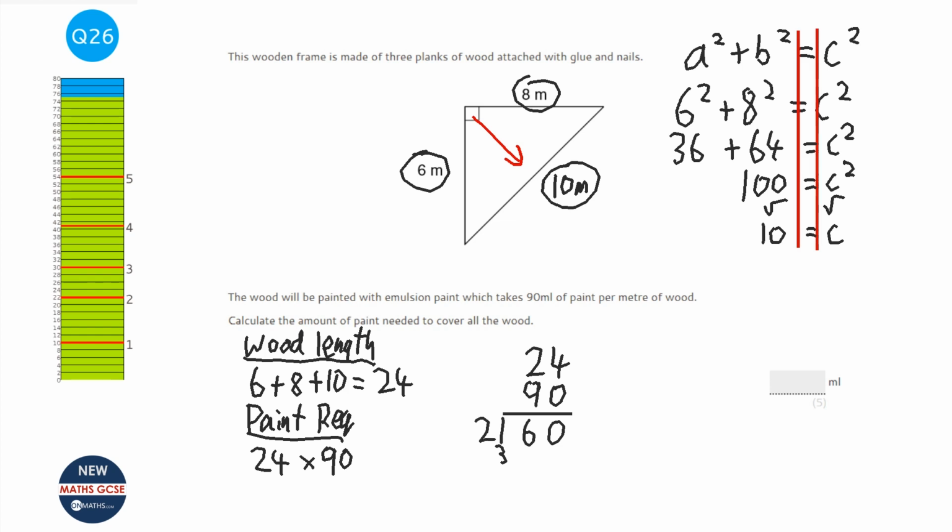And what we could have done is 9 times 24 and just added a 0 onto the end of it. There's loads of different ways of doing these things. So it would be 2,160 millilitres. If you ask this in litres it would be 2.160 litres, because there's 1,000 millilitres in a litre.